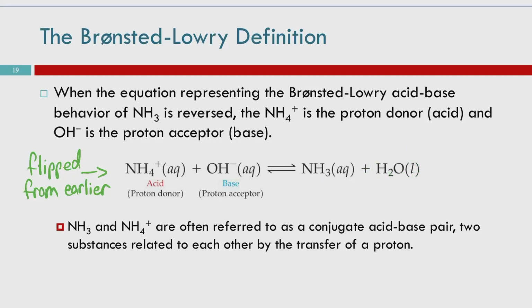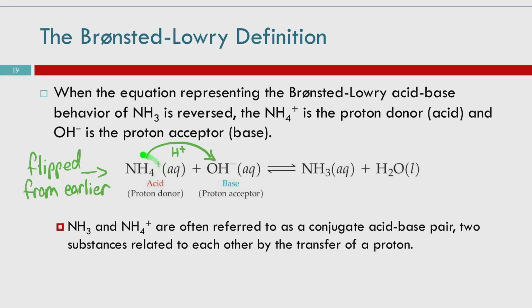If we switch sides, this one works both ways. And we would think of our ammonium, our NH4 plus, as now a proton donor, and our OH minus as the proton acceptor. So we can transfer that extra H plus that our ammonia picked up earlier back to the OH minus to reform water.